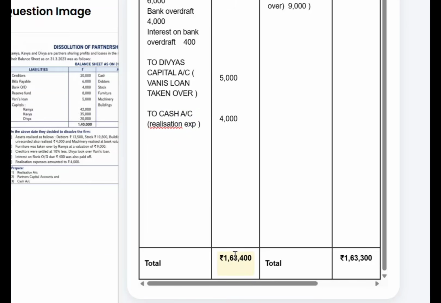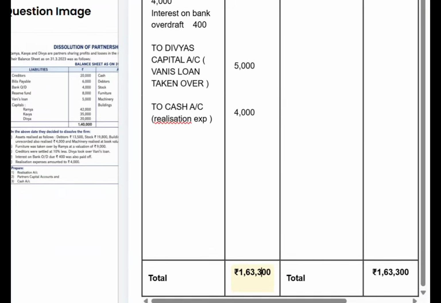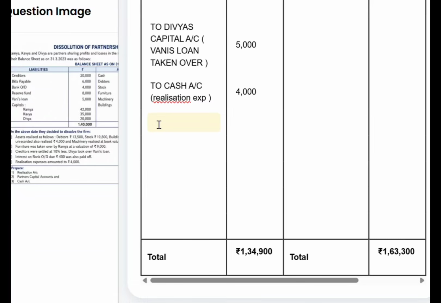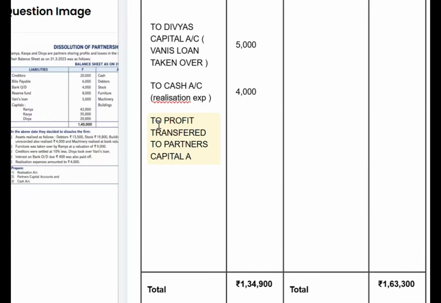So write the same total on both the sides, 1,63,300. And since the credit side is more, it is the realization profit. So we need to bring down the realization profit in this realization account. So it is the profit that is transferred to the partner's capital account.